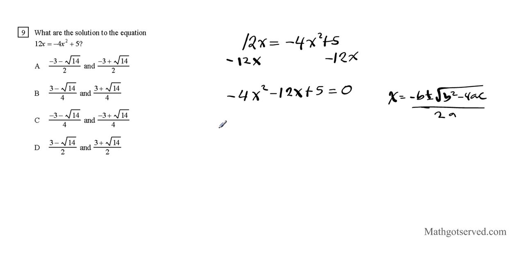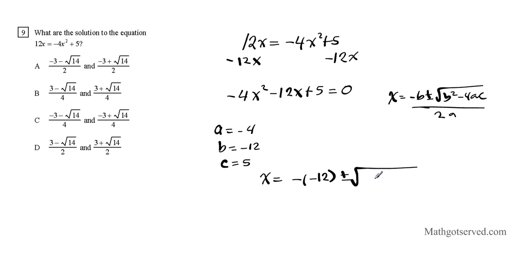So a is negative 4, b is negative 12, and c is 5. All right, so we're going to plug all this in, and that's going to give me x equals negative 12 plus or minus the square root of 144, which is 12 squared, minus 4 times ac, negative 4 times 5.